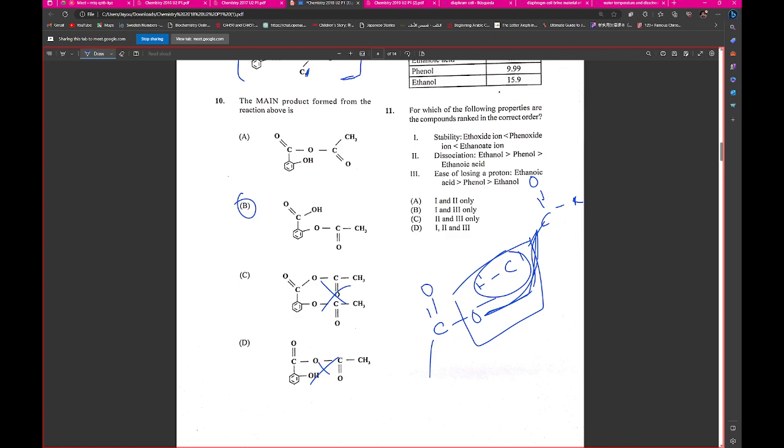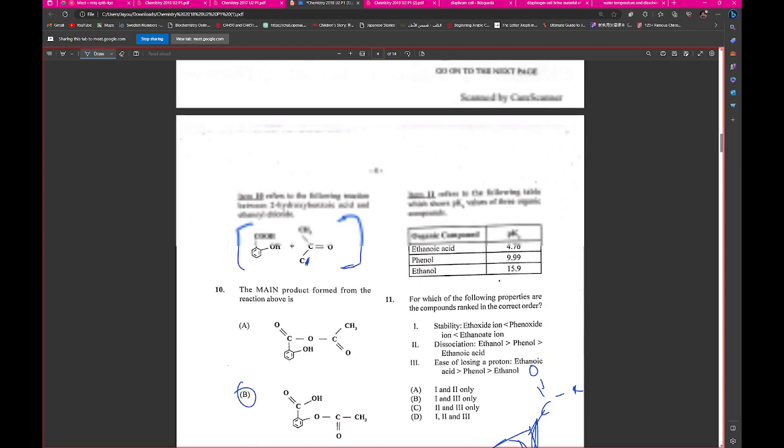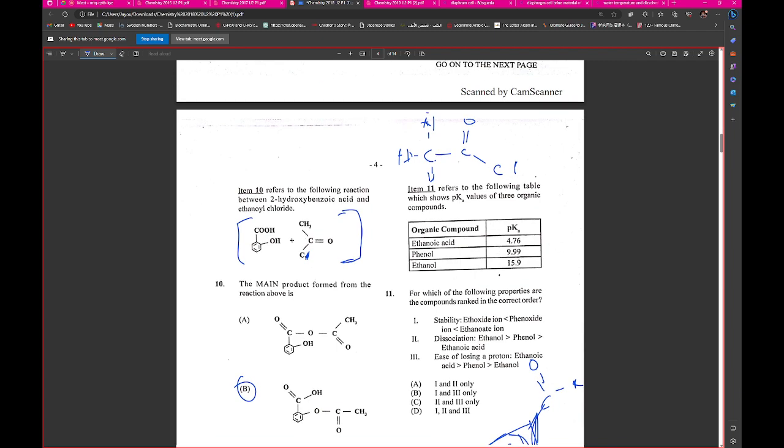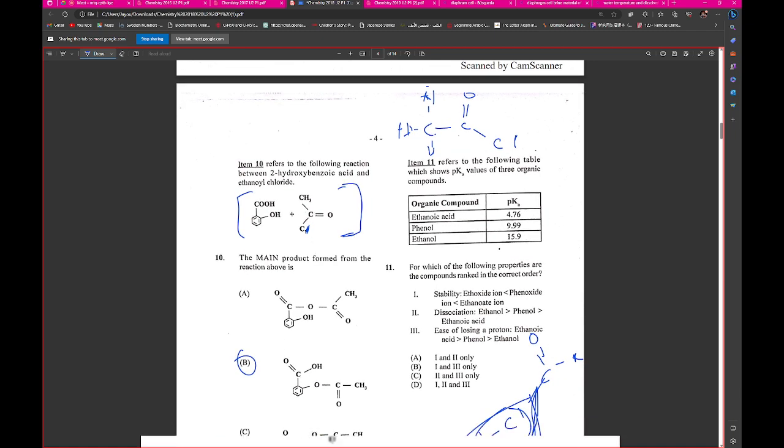It could be due to steric hindrance, because if it combines here, we're going to have two carbonyl groups here, so I don't think this should be able to work. So it's probably because of the stereochemistry. B would be more preferred. For the following properties, which of the following compounds are ranked in the correct order? So we're looking at all of this.